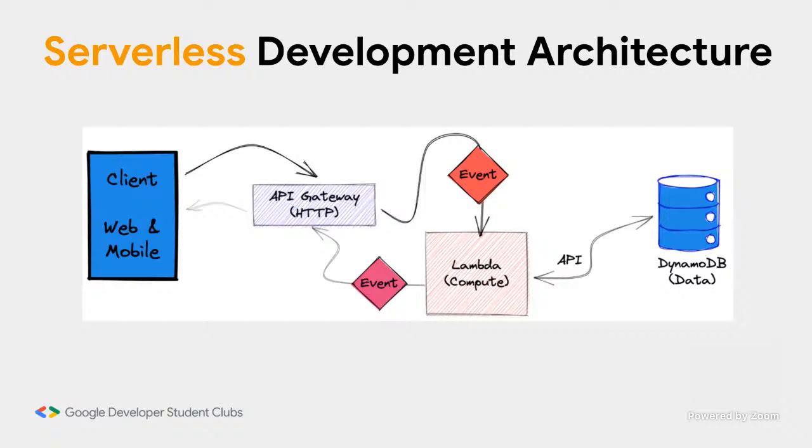Now, the serverless development architecture: we have this client over here, right? Here's the client, and we have the web and the mobile app. The best part about serverless apps is that these web apps can also be deployed as mobile apps. We're only going to talk about web apps, but the same process goes for mobile apps as well. Then we have these API gateways.